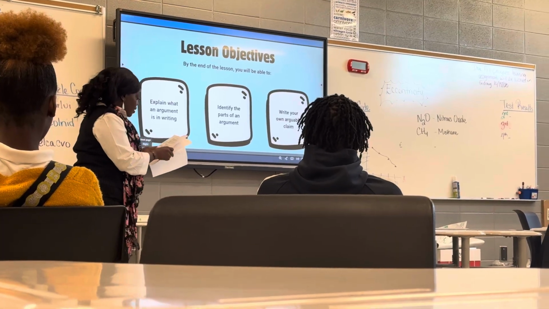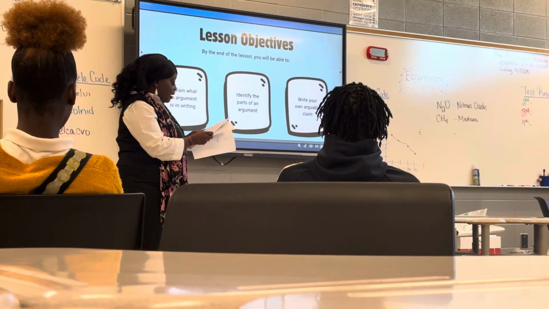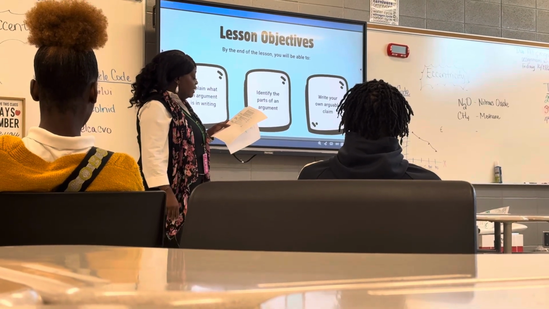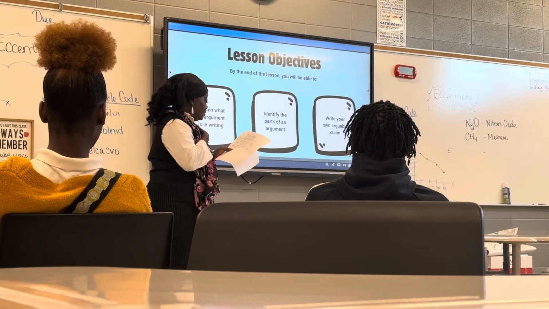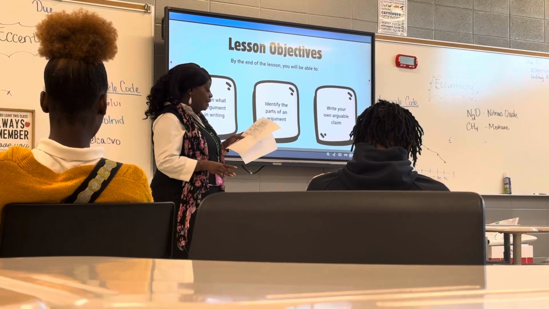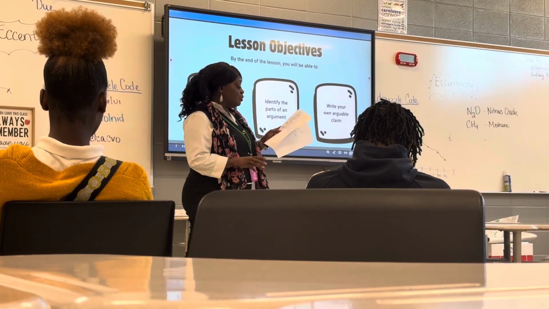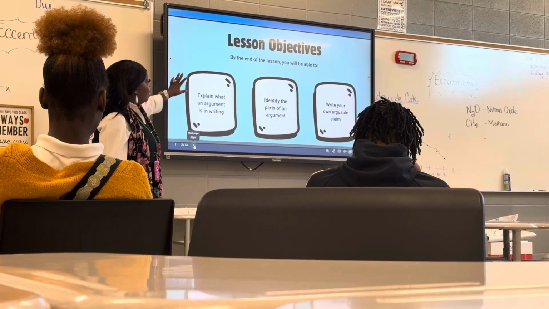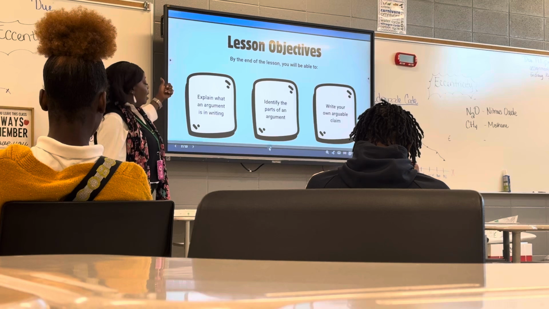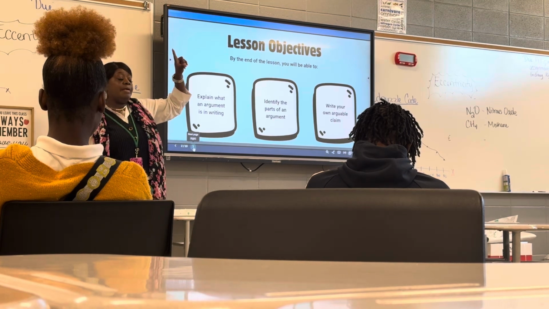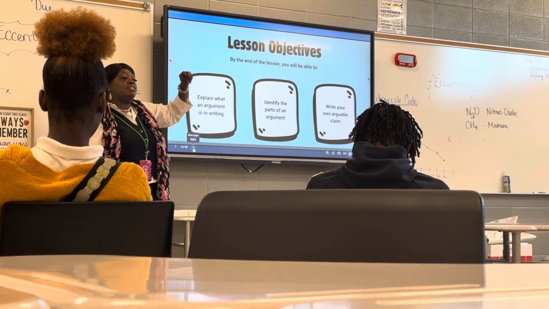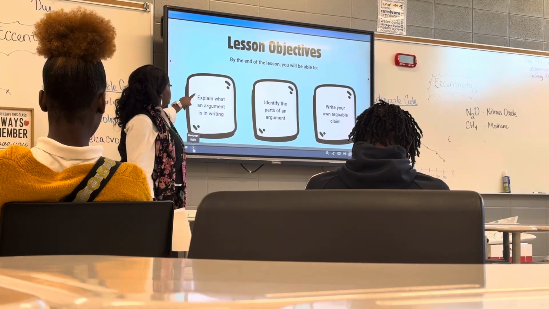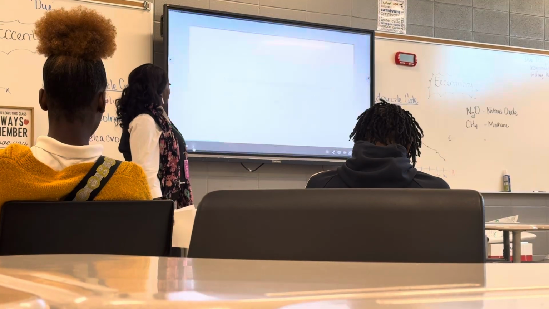And our learning target is basically, I can write clear claims of an argumentative essay and support them with strong evidence and reasoning. So today, that's what our learning objective is. We're gonna be talking about claim, evidence, and reasoning. Explain what an argument is.